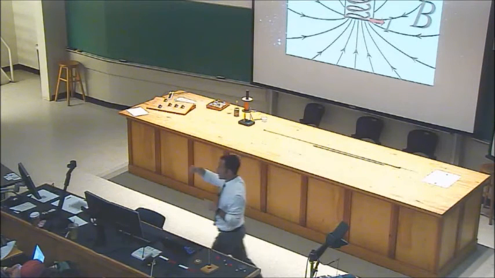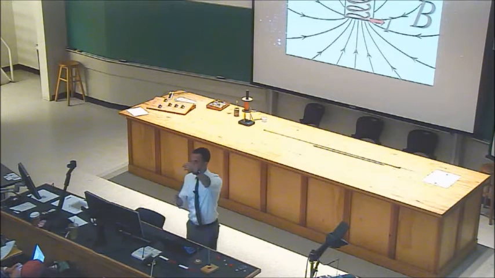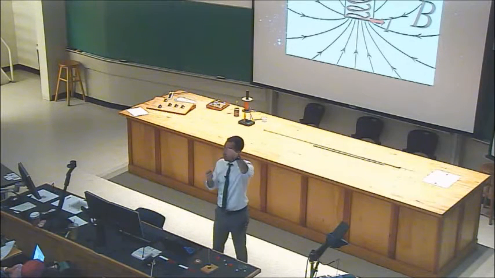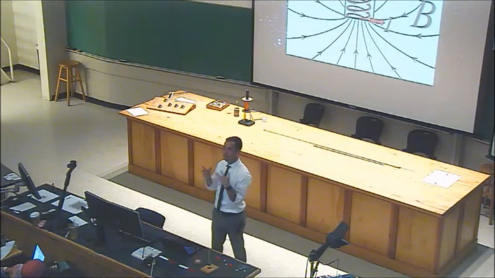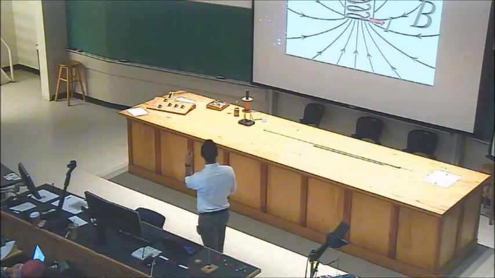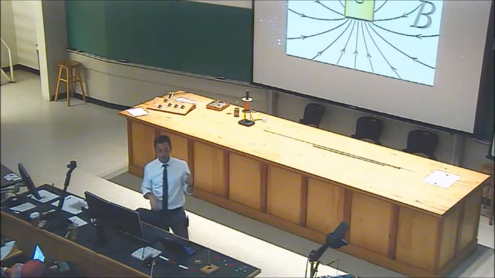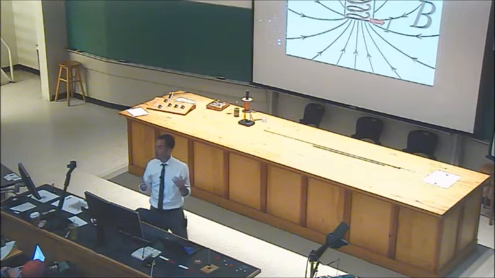Like I mentioned before, a wire has field going in concentric circles. Take that wire, wrap it into a coil, and the result is a magnetic field shaped just like that. So if I want a magnet, I can go to the magnet factory and fabricate one, or I can just run current in a coil and I have the exact same thing. Okay.